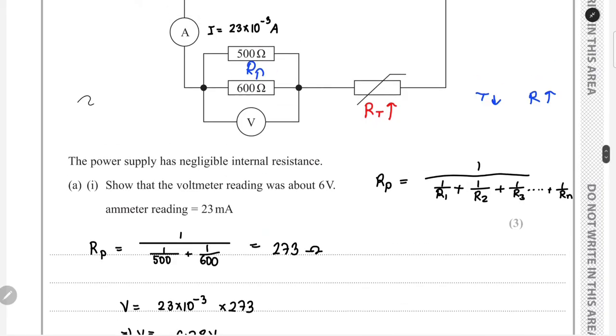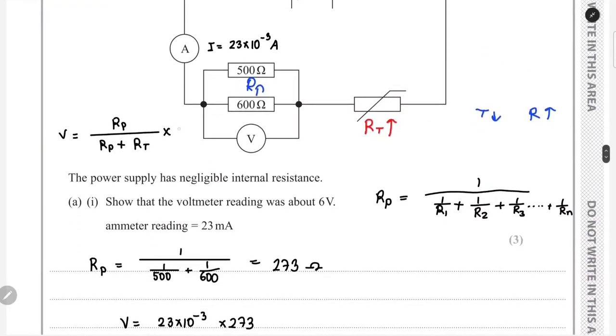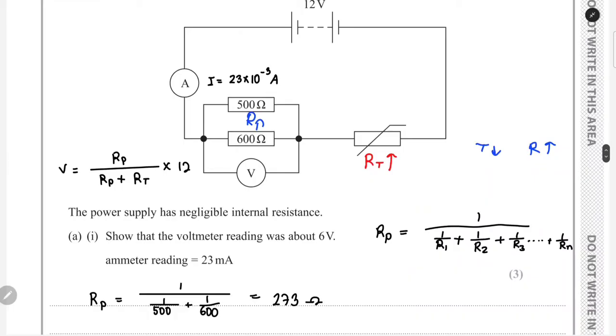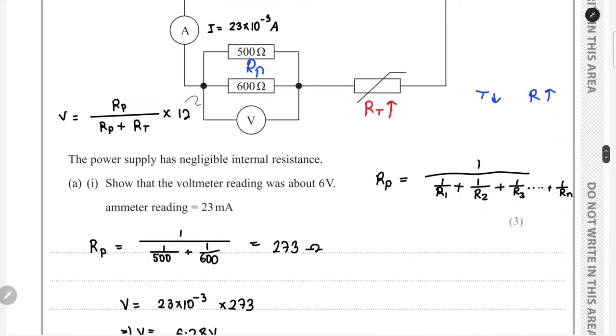So for the potential divider circuit, the value of V is Rp, which is the resistance of the parallel combination, divided by Rp plus Rt, times the voltage of the cell or EMF of the cell, which is 12. In this case, everything else remains unchanged except the thermistor's resistance.